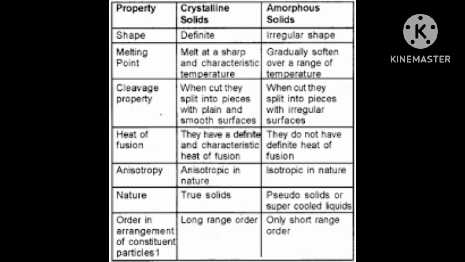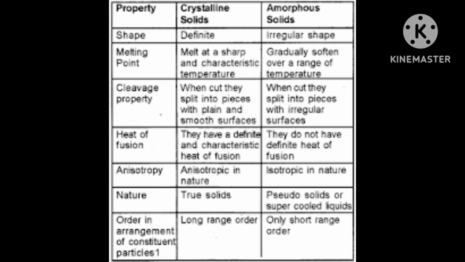In a crystal, the constituent particles may be atoms, molecules or ions. The arrangement of constituent particles is ordered. They are arranged in an ordered way, in a particular way. It has long range order.